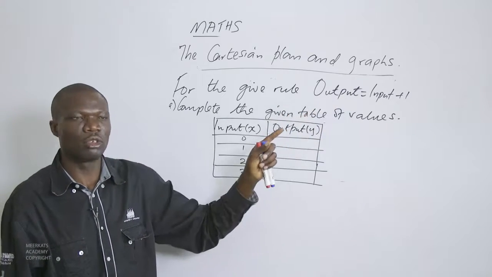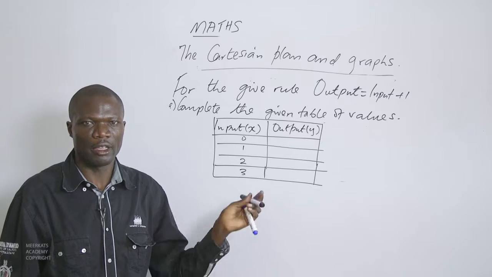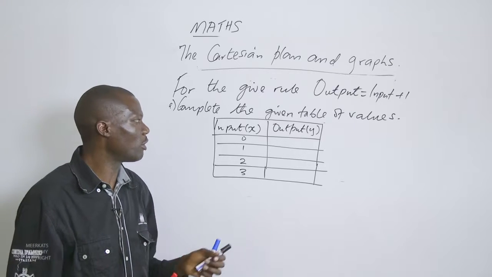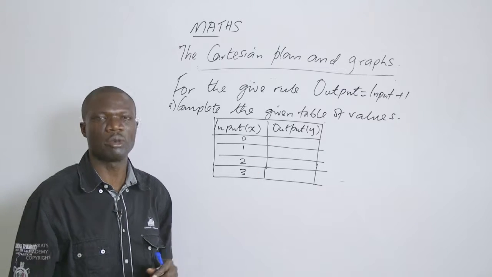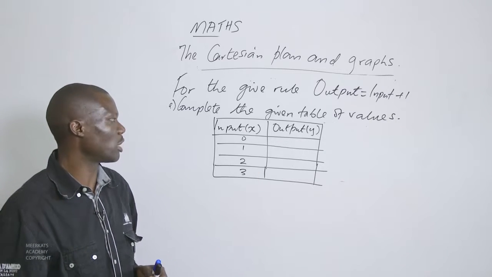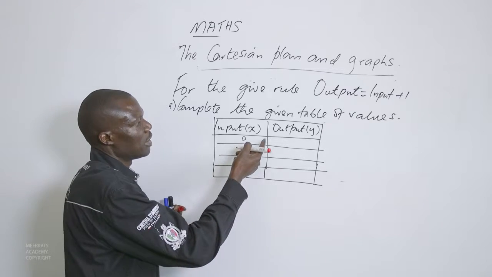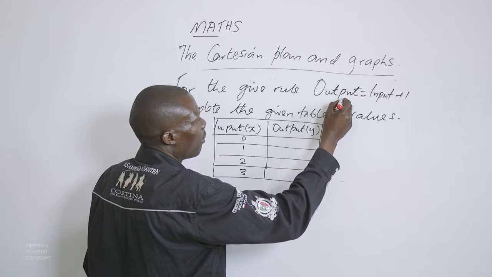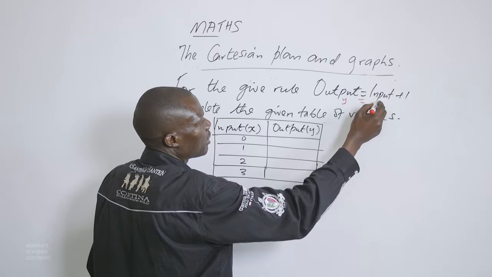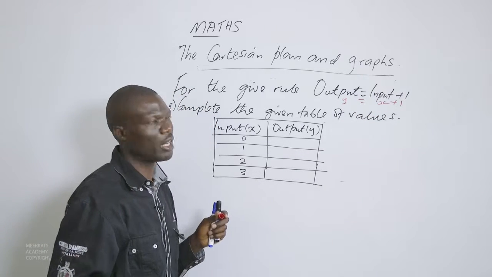And using this rule, complete the following table. This kind of problems, you have already seen them earlier on, so we can do it mentally without going into real calculation. So the first part we have is output, and remember output is our y, and our input is x, then plus 1. So that is the equation that we have.